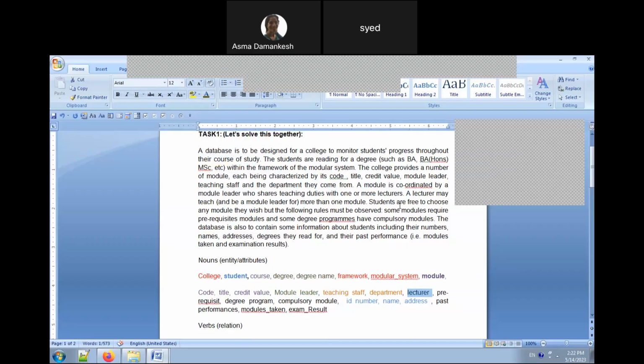Lecturer as well, because it says the lecturer. Is a lecturer an attribute or an entity? What do you think? I think lecturer is an entity because... sorry, not an entity, it's an attribute because it's not explained further and it would be part of teaching staff. Read this line.